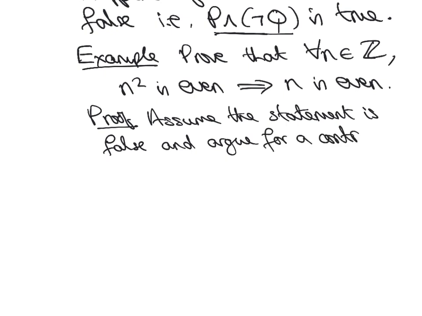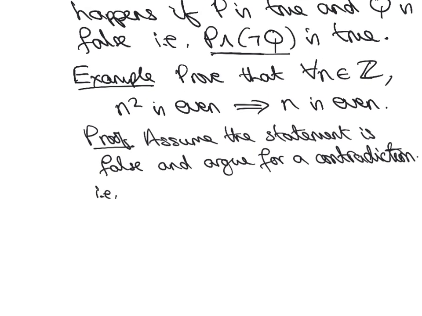So that's a good sentence to start any proof by contradiction with. So what does that mean in this case? That means we're assuming the negation of this is true, and as above, that's the same as assuming P is true and not Q is true.